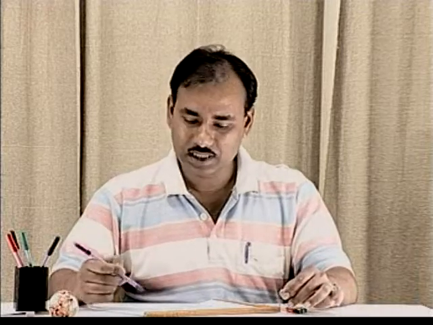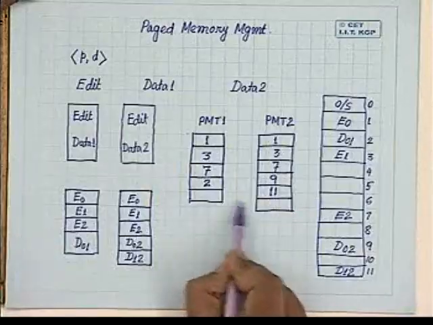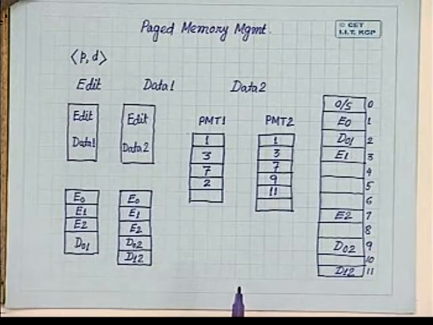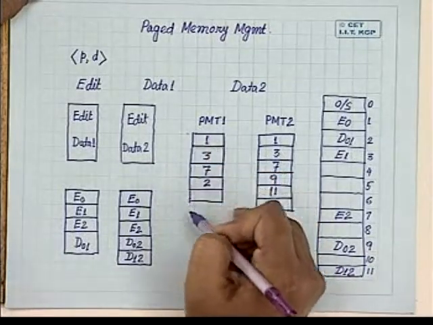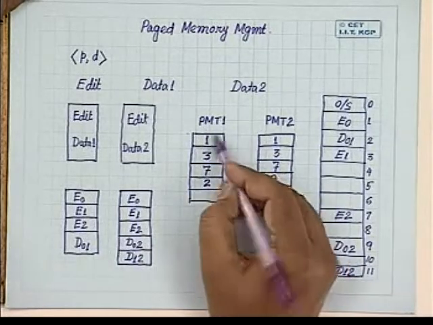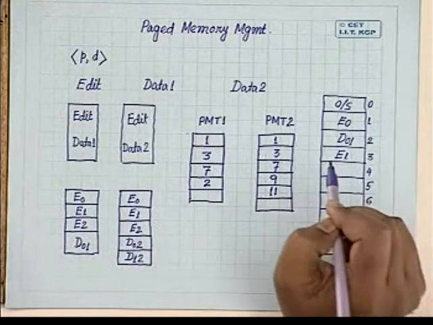Similar such protection should also be available in case of paged memory management technique. So you find that 2 of the entries I have kept intentionally blank. The reason being, whenever I create a page map table, I have to decide what will be the maximum size of the page map table.